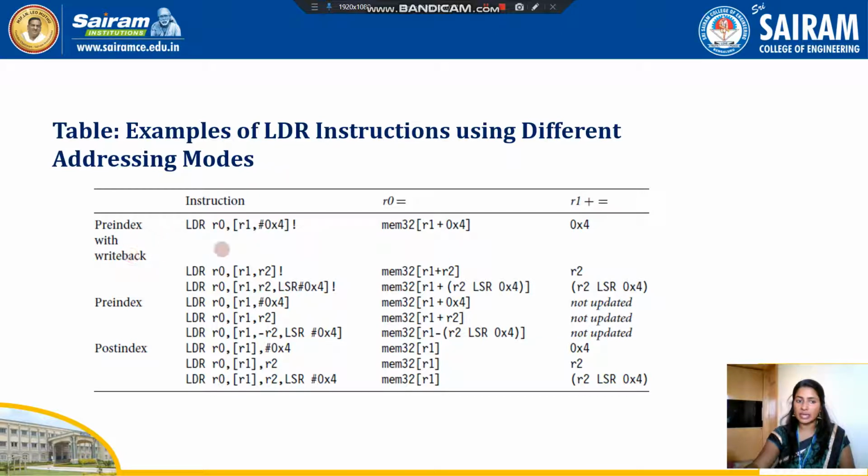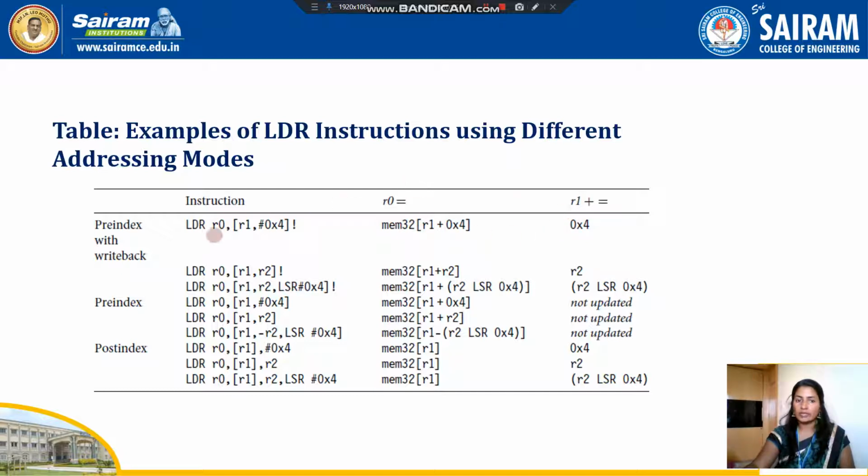For pre-index with write back, memory is found by adding the base register and offset. Base register is R1 and offset is 4, so R1 plus 4 is the memory. From this memory location, the 32-bit content will be moved to the R0 register, that is, R0 will be loaded with this memory content.